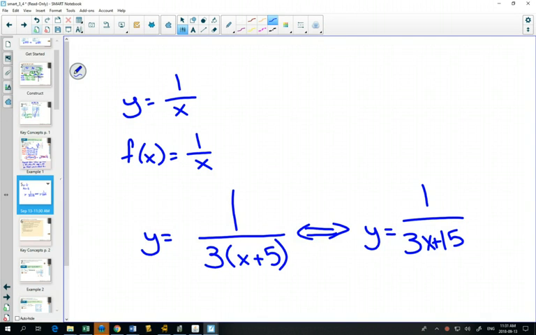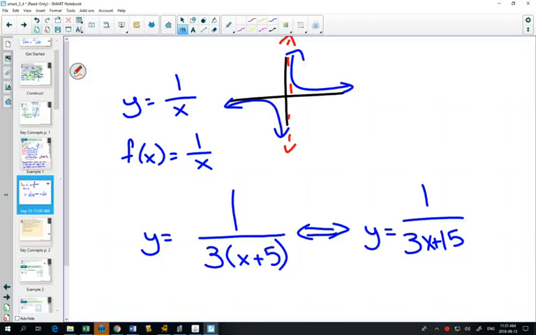When we think about our original graph, this is what it looks like. It has an asymptote here. And the reason I chose this graph is because the asymptote is really going to tell us what's happening. If I have it in the non-factored form, which is right here, that would tell me to go 15 to the left.